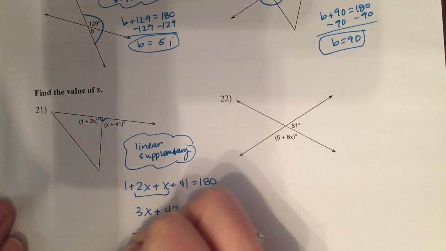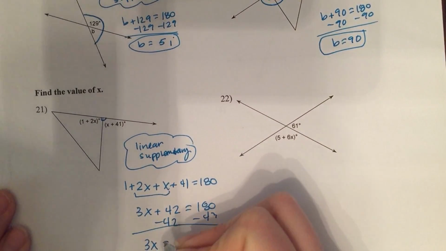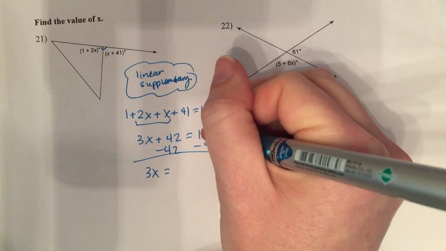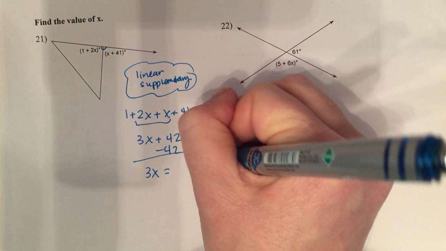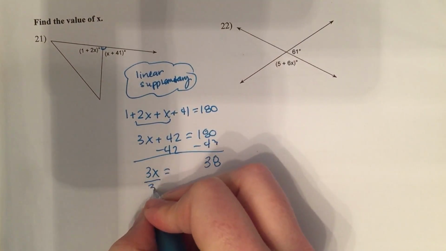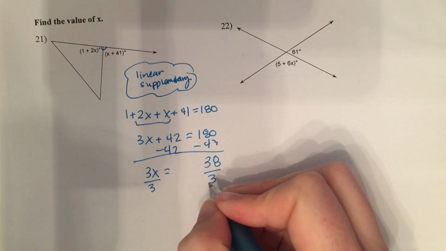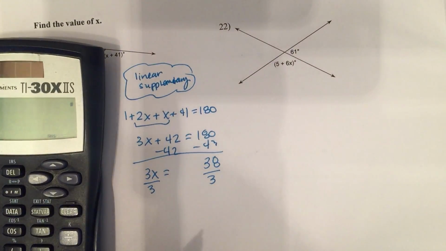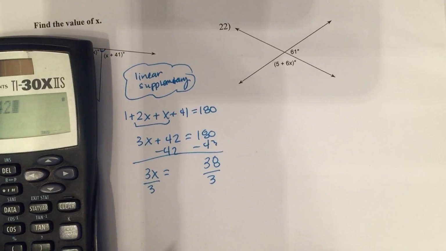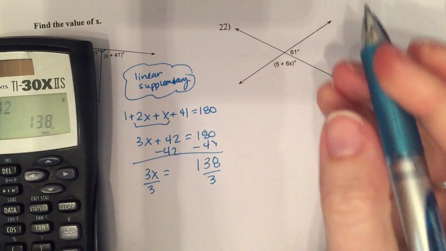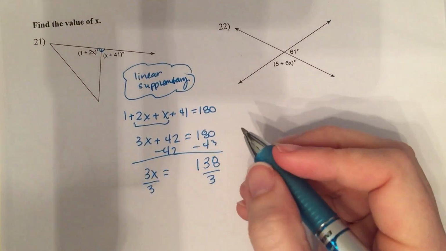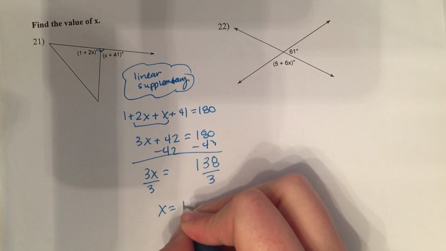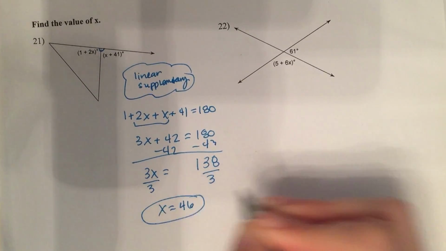Minus the 42, 3x is equal to 138. Divide by 3. Well, I made a mistake somewhere. That's why. Okay, and then I do divide by 3. X is equal to 46.